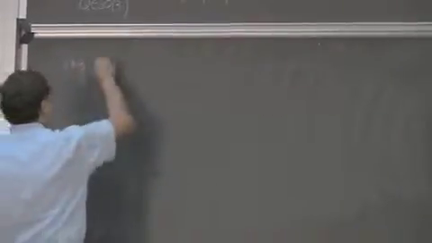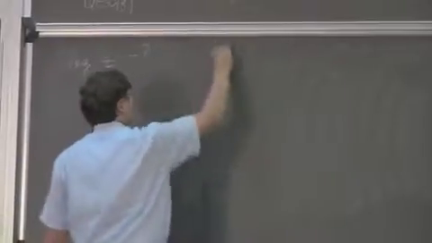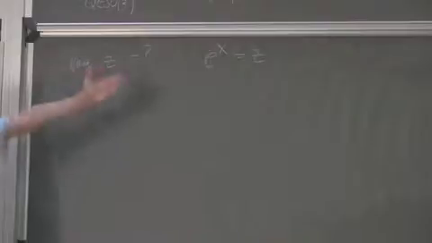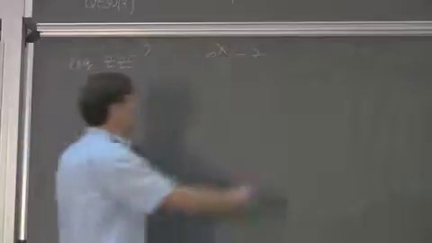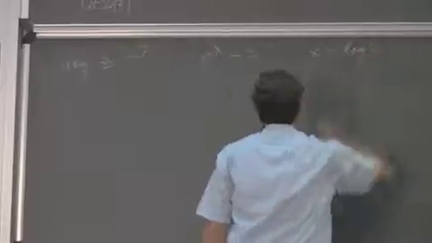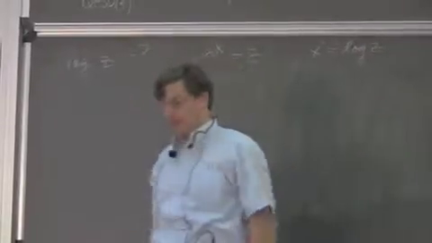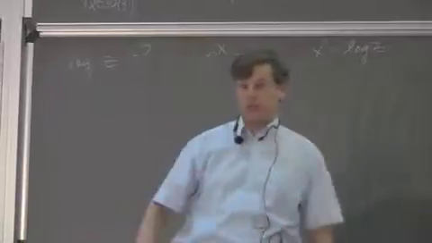The logarithm of z is the solution x to the equation e to the x equals z. X is the logarithm of z. Of course, we know z must be positive because the exponential is only positive, so we have some restrictions for the logarithm.